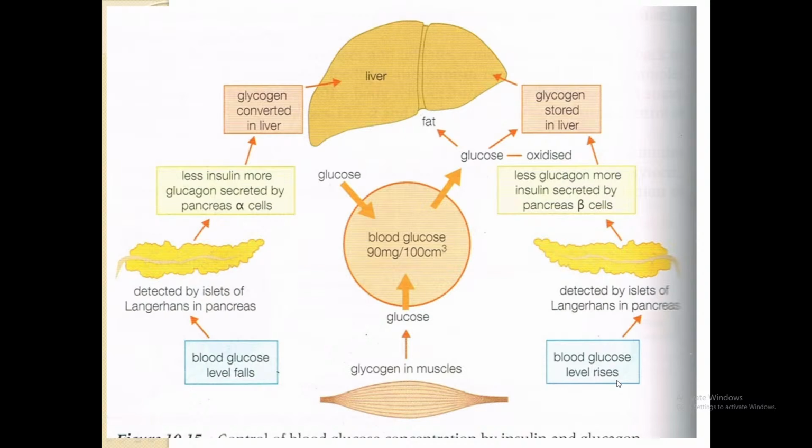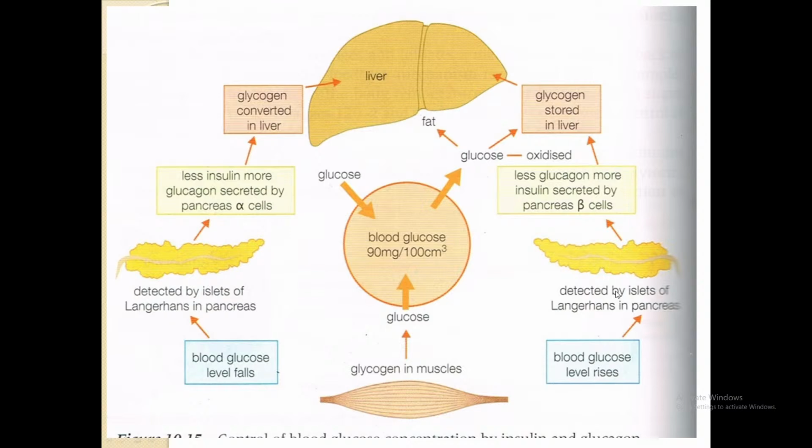When we talk about the homeostasis of blood sugar level, the amount of glucose in your blood, this is what we are talking about. Whether you're eating too much or too little, the body tries to maintain the right amount of glucose in the blood. That figure is in the middle, in the circle, where it says that for every 100 cubic centimeters of blood there should be approximately 90 milligrams of glucose.